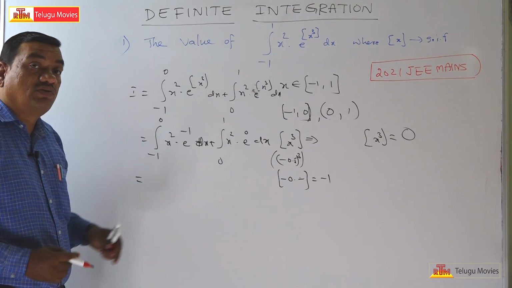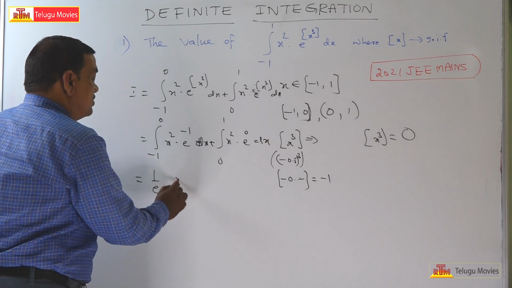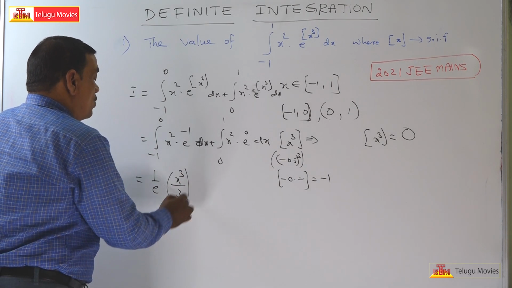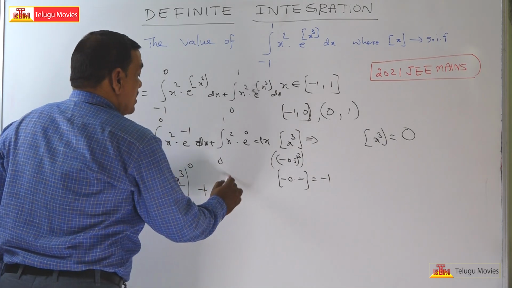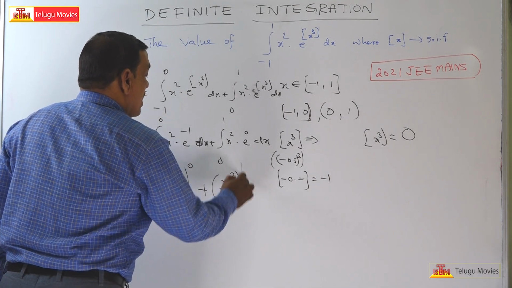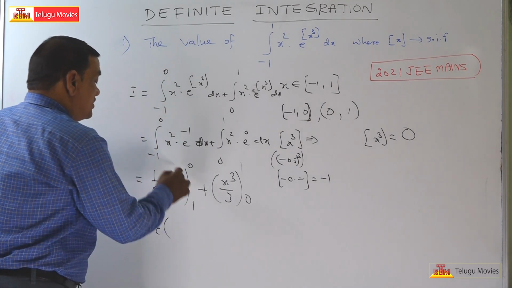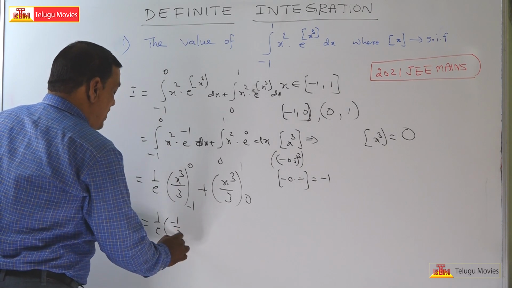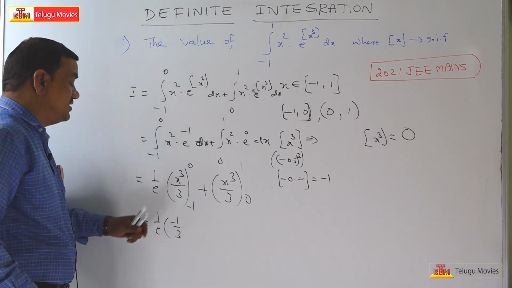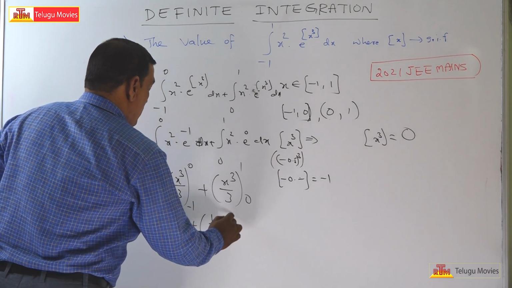So e power minus 1 will become a constant, that is 1 by e. Take 1 by e common outside. This is x cube by 3, from minus 1 to 0, plus e power 0 is 1, so this is x cube by 3 from 0 to 1. So this is 1 by e times, upper limit is 0, lower limit is minus 1 by 3, already minus is there, plus 1 by 3, plus upper limit is 1 by 3, lower limit is 0.